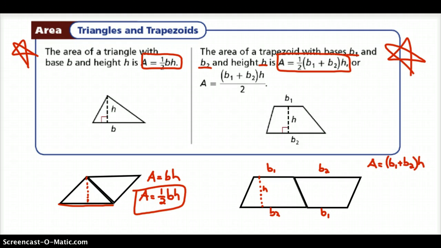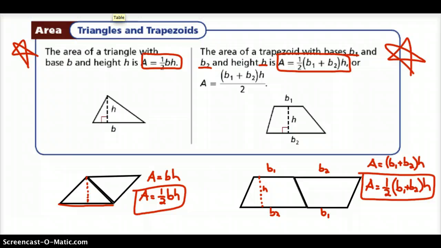Now again, that would give us the parallelogram, but I only want half of that. I just want the trapezoid. So I'm going to multiply this by 1/2: 1/2 times the quantity base 1 plus base 2, multiplied by the height. And this is the formula for the area of a trapezoid. So hopefully if you don't memorize the formulas, you can at least derive them.